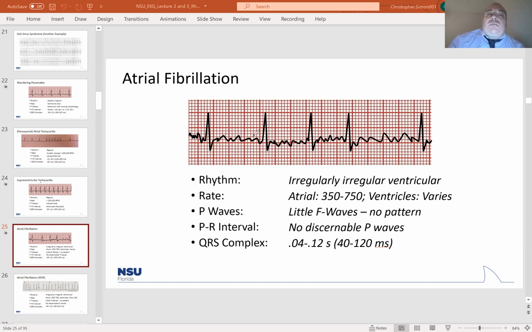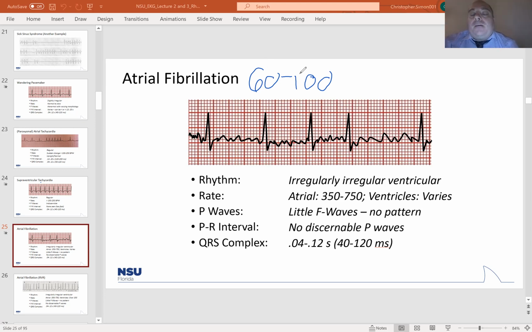So that goes back to knowing our criteria. Atrial fibrillation is another rate-dependent rhythm. Basically, AFib is going to be 60 to 100. If it's under 60, we would call it atrial fibrillation with slow ventricular response.